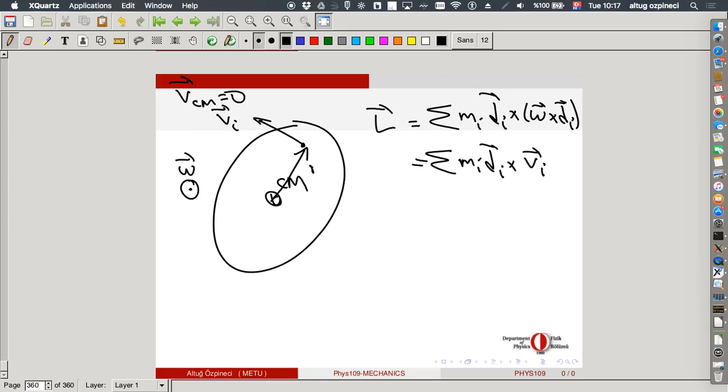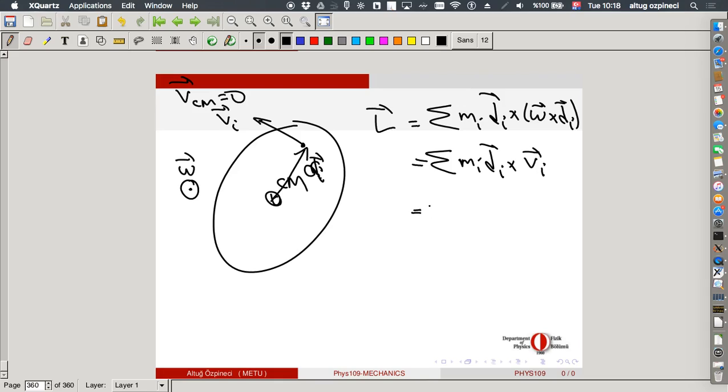This is my di. What is the direction of D cross V? So this is D, this is V, D cross V. Just imagine your right hand. So it is in fact, D cross V is in the same direction as omega.